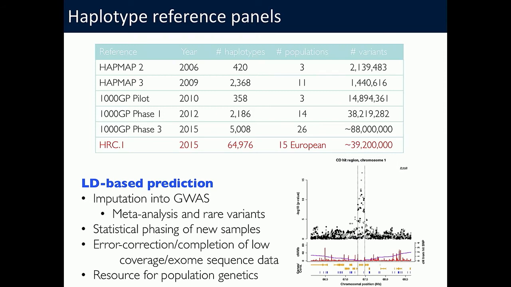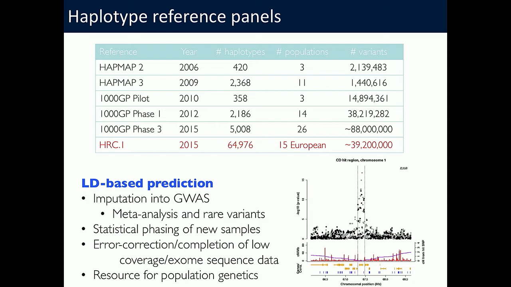Essentially, the way that we currently typically represent long-range variation is as a set of sequences. The HapMap2 panel 10 years ago had 210 people originally from 3 populations, 420 haplotypes since we're diploid, and about 2 million variants across the human genome.